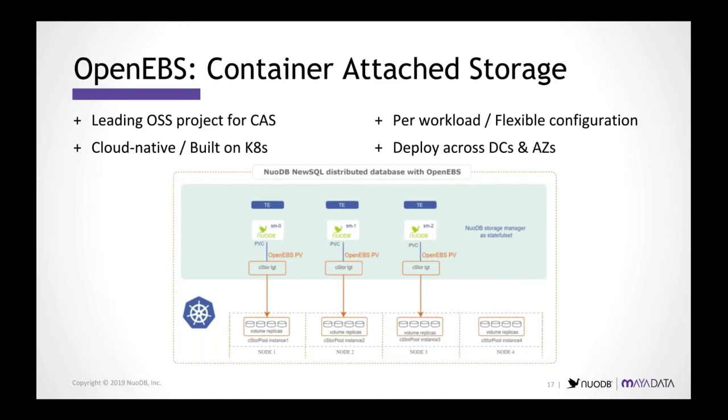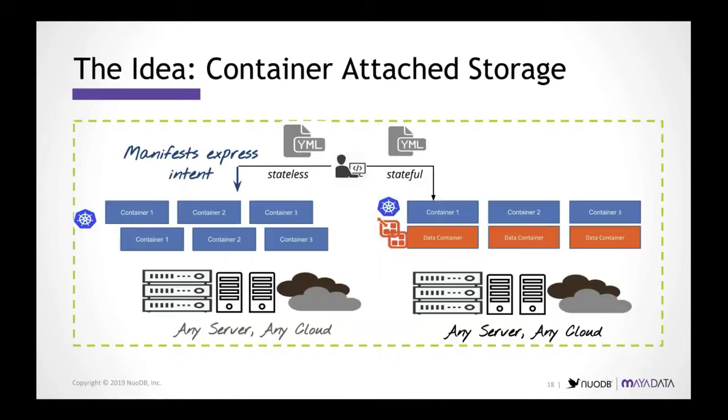It can be deployed across data centers and also across availability zones. That's a big advantage to create a higher available storage solution. And in a cloud native way, it can survive failures, and thanks to Kubernetes, you can perform rolling upgrades. And next slide.